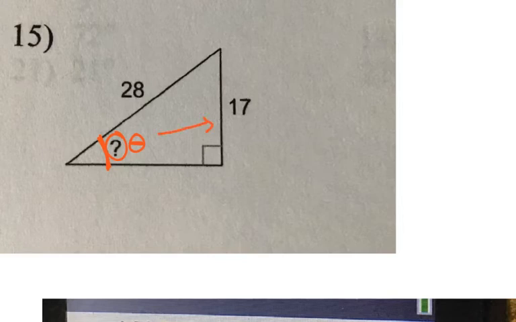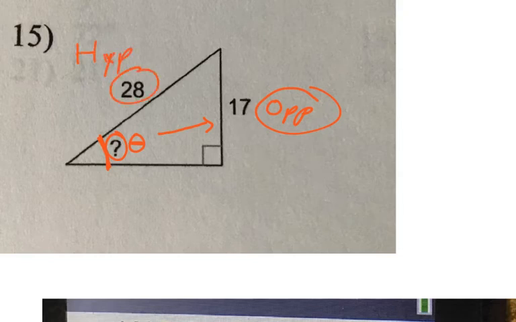Notice 17 is opposite of that angle. See how it's on the other side? It's really that simple, guys. Opposite means other side. The 28, hopefully you notice, is the hypotenuse side. This side that's missing is the adjacent side. Since it's missing, we won't use it. We can't use it if we don't know what it is.